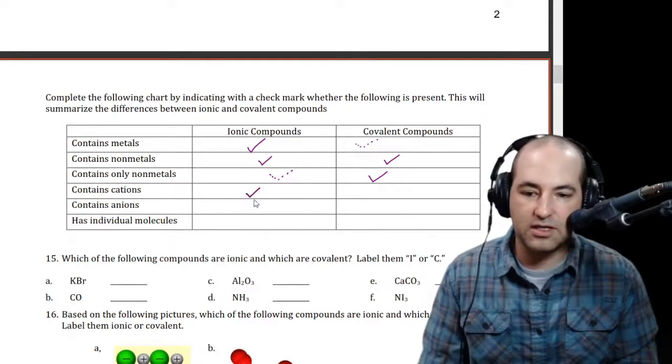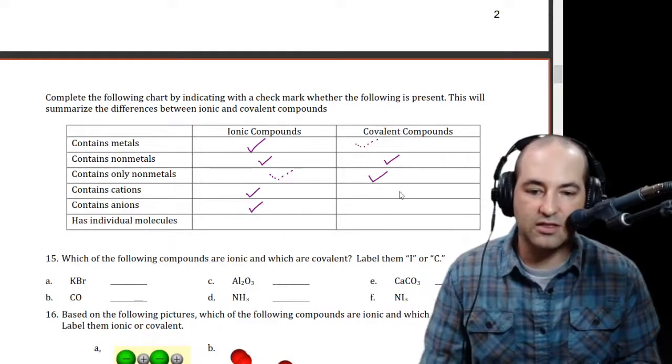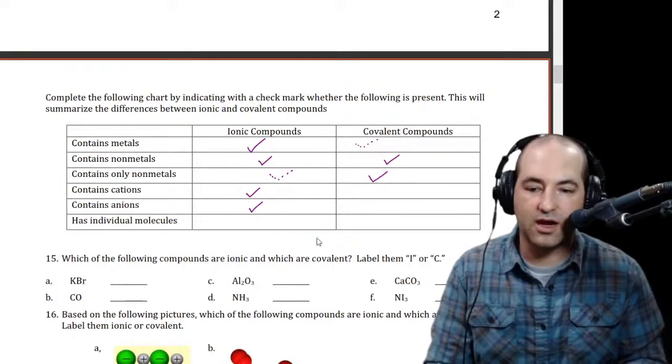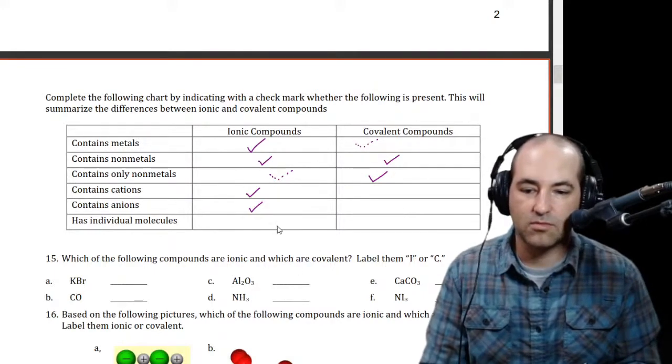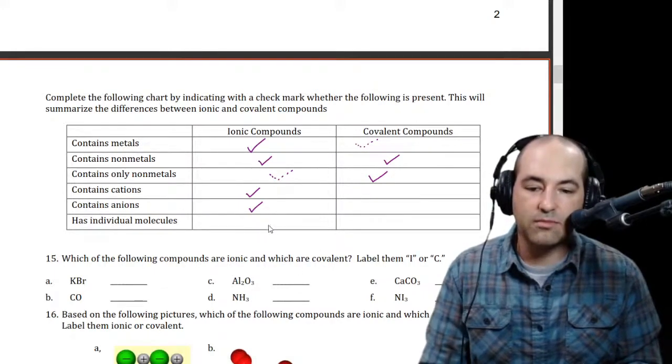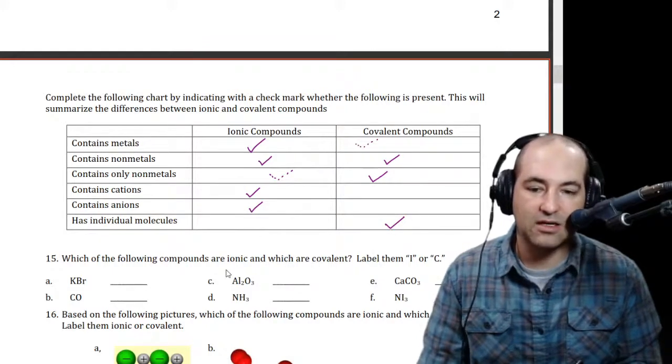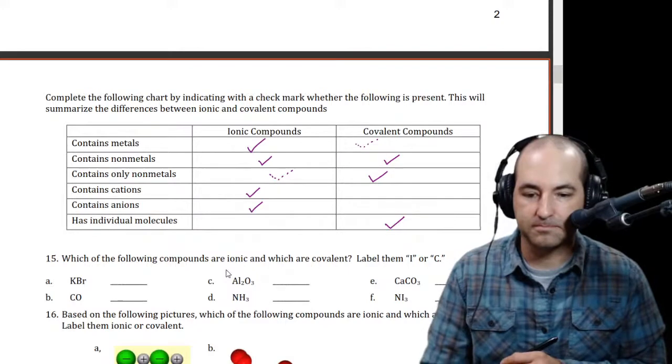Ionic compounds contain cations and anions, and covalent compounds do not. So when we talk about covalent compounds, we are not going to see cations and anions. And individual molecules are something that we will see in covalent compounds, but something we will not see in ionic compounds.